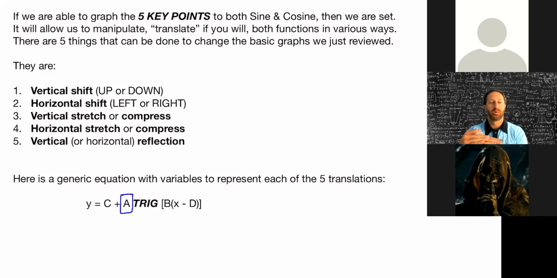And the amplitude, remember, is how far up or far down our either sine or cosine functions went. So that is going to affect the vertical stretch or compress, right? So that will be the letter A. Now the vertical reflection will also have the letter A, but it will have a negative in front of the A.